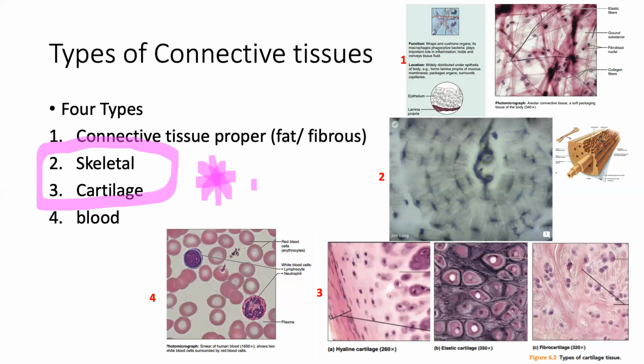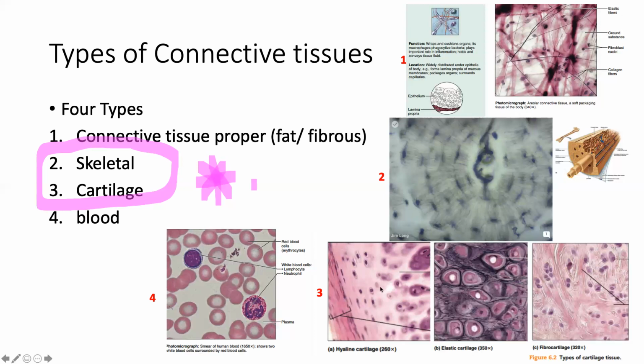So if you do not find those, you know that you are dealing with the connective tissue. So let's say if we are seeing something like a blood film, that connective tissue slide is for blood. If you are seeing the osteon, which we will explain about later, then you are dealing with the skeletal tissue, which is a form of connective tissue.